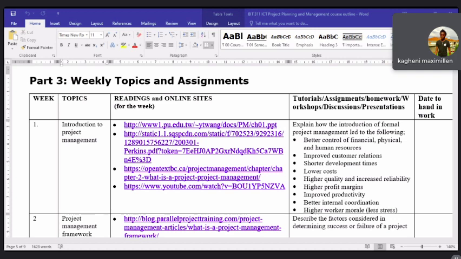So formal project management training was introduced and led to the following: better control of financial, physical and human resources, improved customer relations, shorter development times, lower costs, higher quality. So the question is, how did formal project management lead to the following?